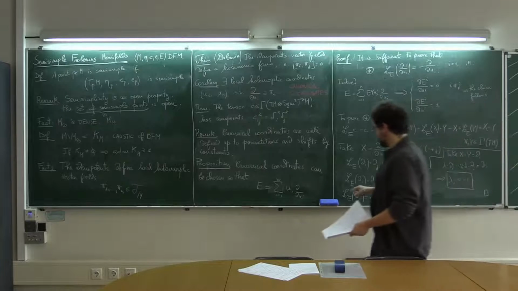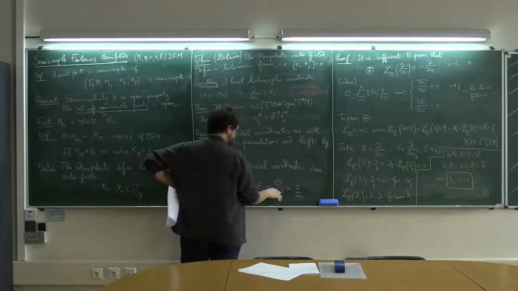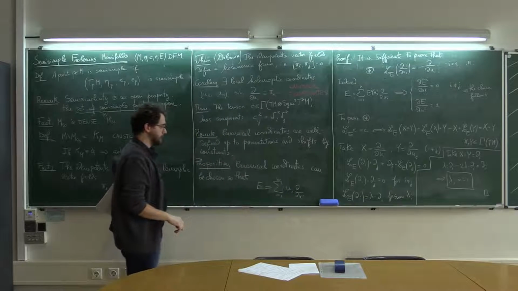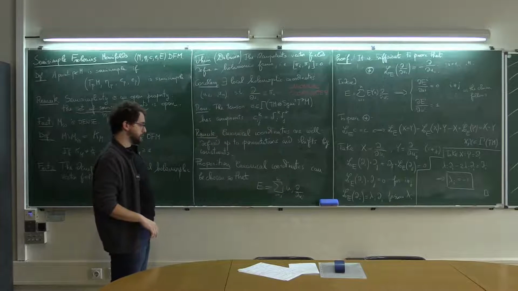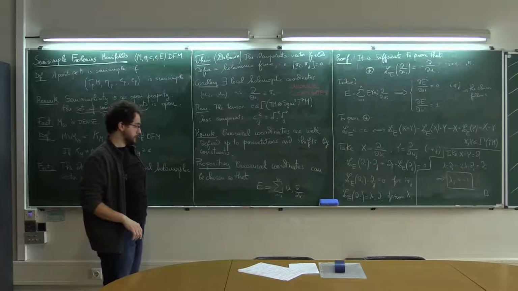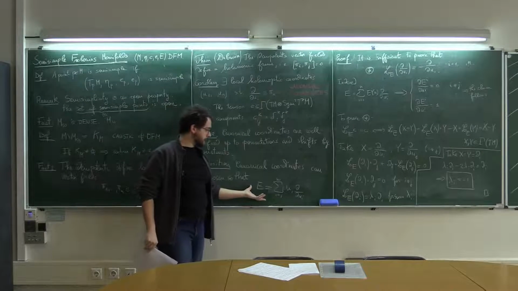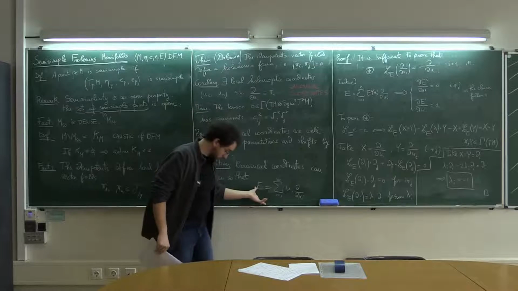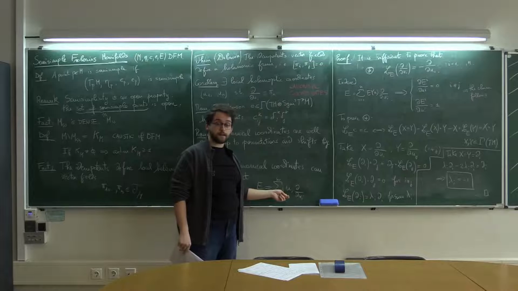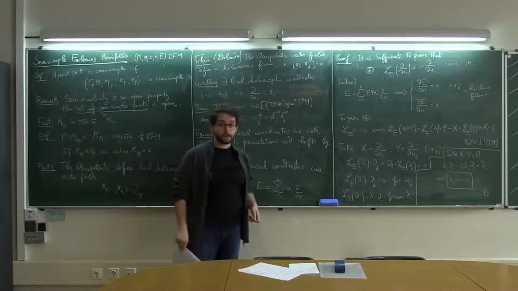Let me make a comment. If you consider the operator of multiplication by the Euler vector field, from this result it is clear that the spectrum equals the set of canonical coordinates ui.